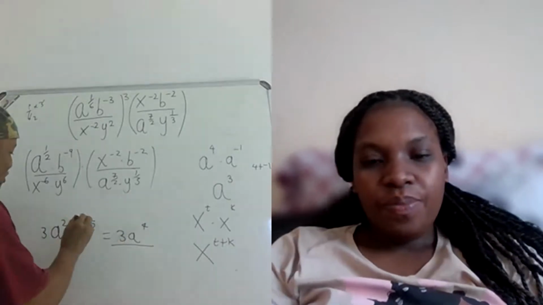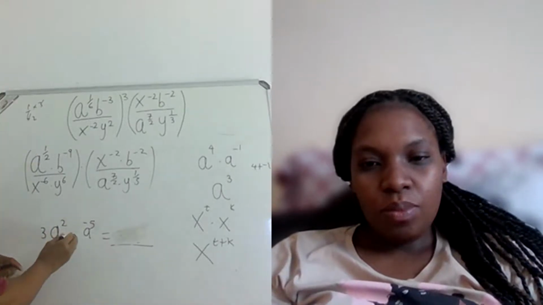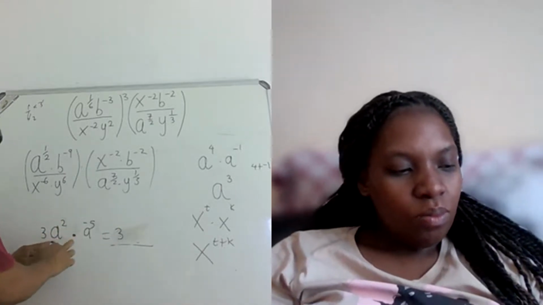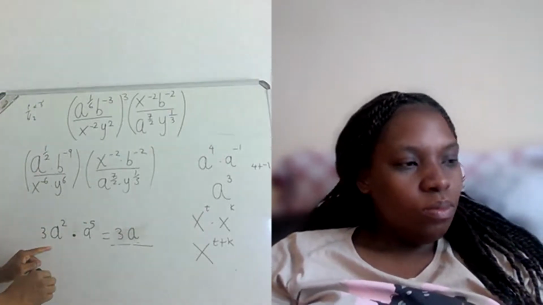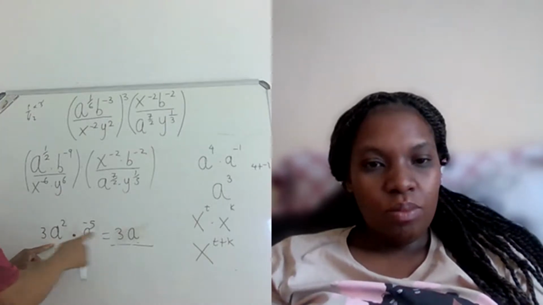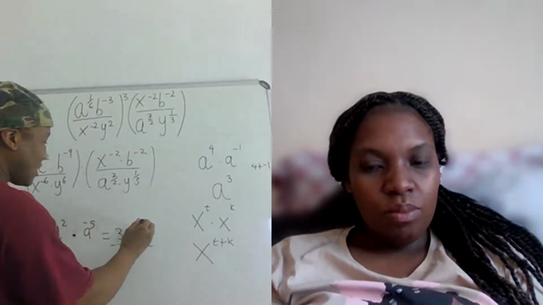What if this was negative 5? How would you do it? If that was negative 5, I could say, well, this is multiplication, base are the same. So I'm going to write my a, add the powers. So base are the same and this is the multiplication. So I'm going to say a, add my powers, 2 plus negative 5 equals negative 3.